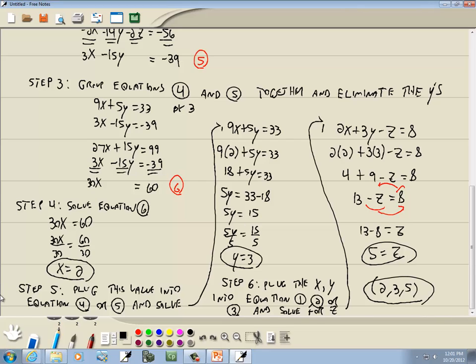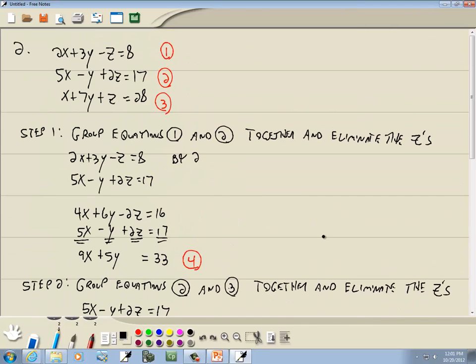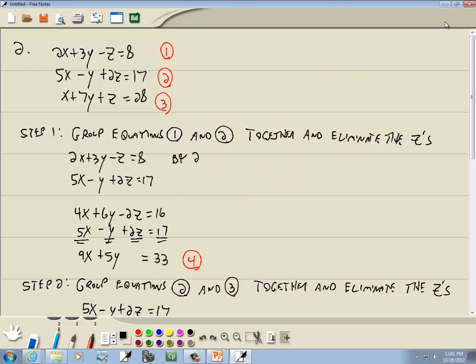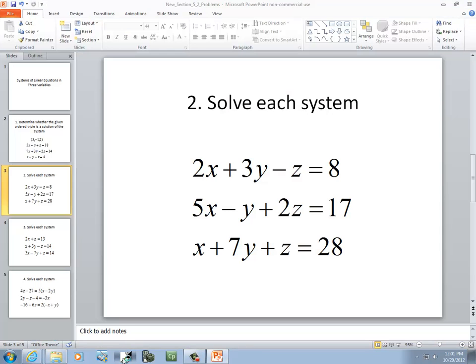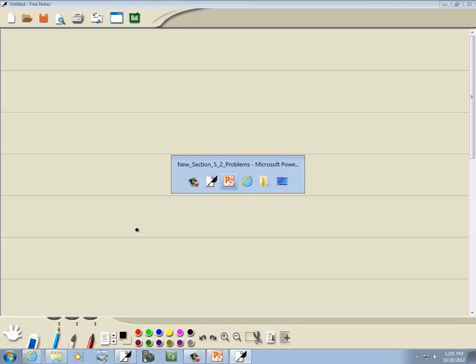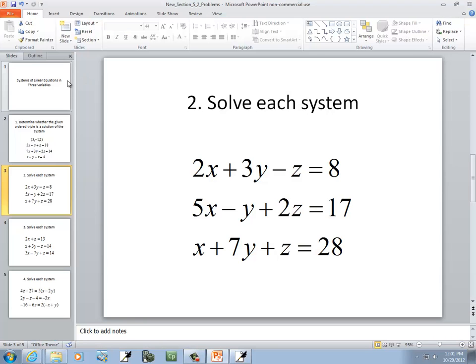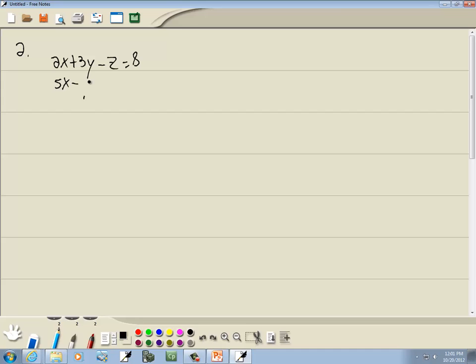Well, let's show this problem again using the calculator. Not that easy to do by hand, you see. So we got 2x plus 3y minus z equals 8. 5x minus y plus 2z equals 17.